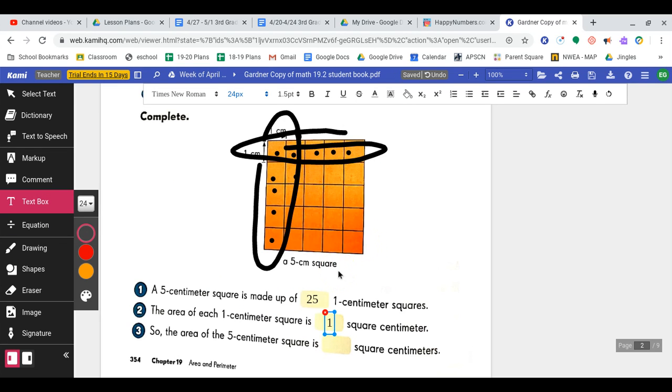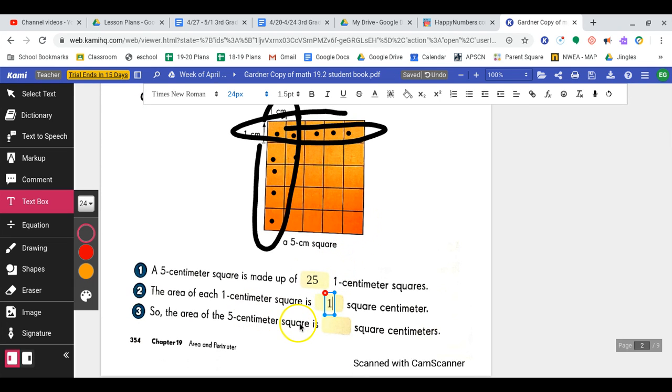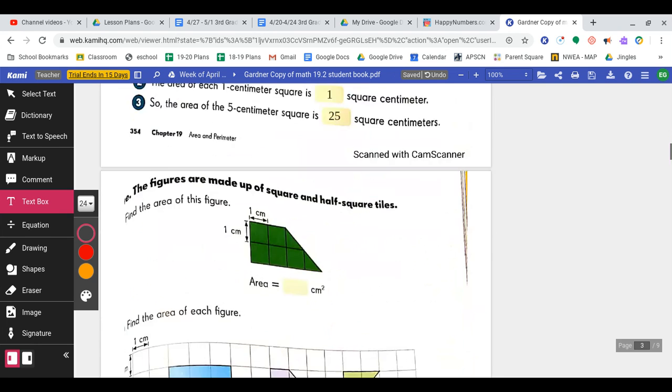That's all it means when it says it's 1 centimeter squared. So the area of the 5 centimeter square is 25 square centimeters. Okay, so there's 25 squares. Each one is 1 square centimeter, so the area is 25 square centimeters.